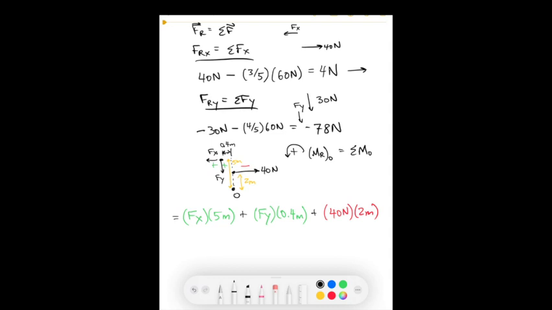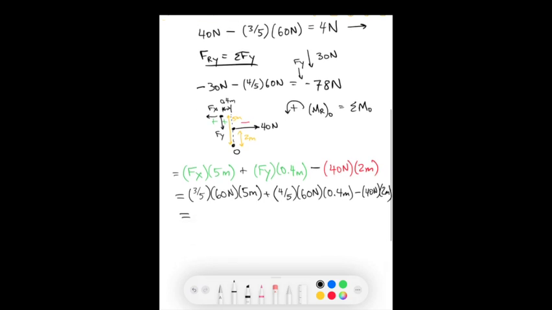So let's start putting these numbers in. Okay, when I plug these numbers in, I find that it's a positive 119 Newton meters, which means it goes in the counterclockwise direction.